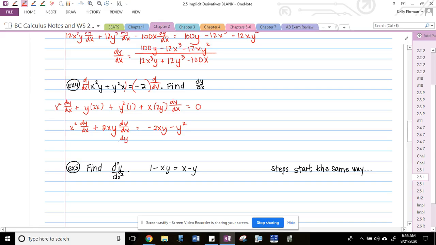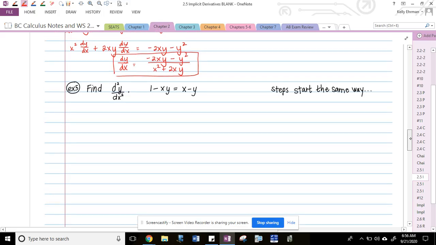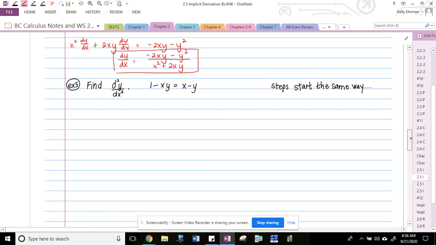And when I factor out a dy dx and divide, I have negative 2xy minus y squared over x squared plus 2xy. Again, you could maybe factor out a negative y from the numerator. It's not going to help you cancel anything, but you might need to look for equivalent answers if it's multiple choice. What if I want to find a second derivative?